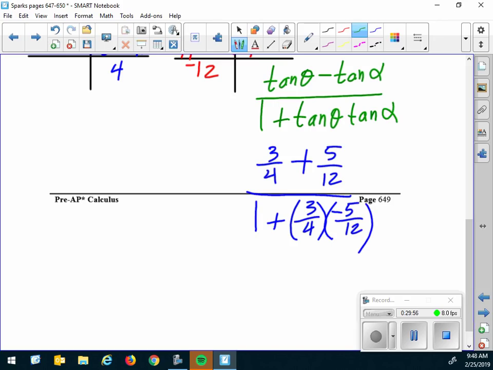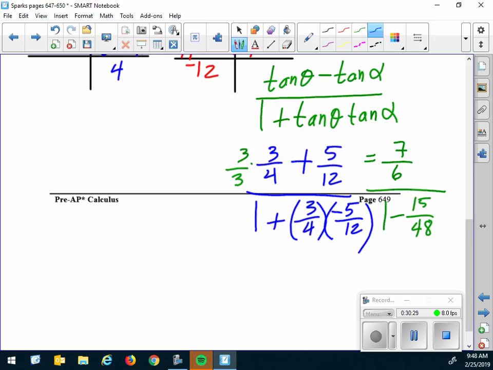Okay, got a little work to do here. Let's see. What's that? 9/12 plus 5/12 is what? 14/12, and 14/12 is 7/6 over 1 minus 15/48. Well, 1 minus 15/48 would be 48/48 minus 15/48.